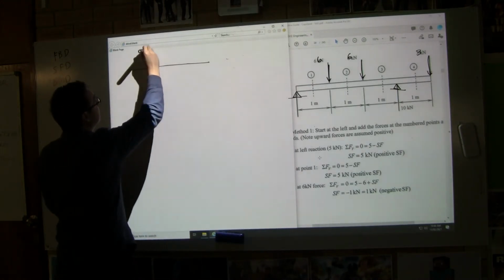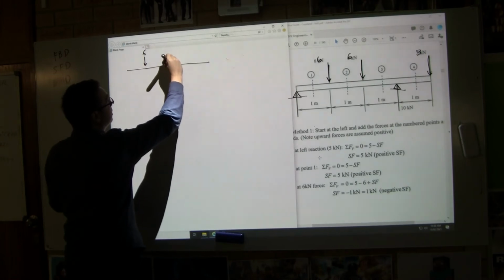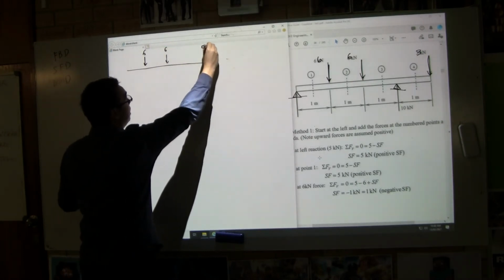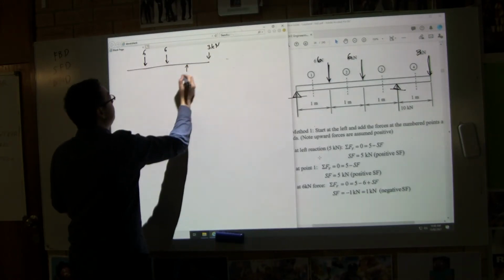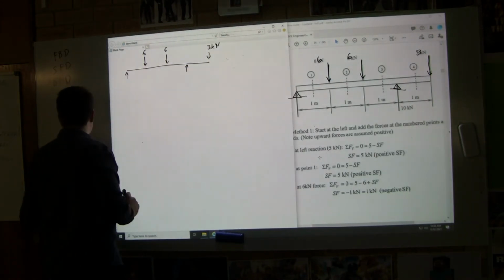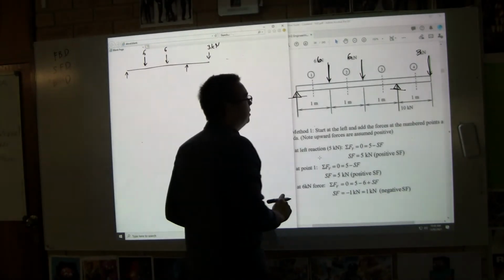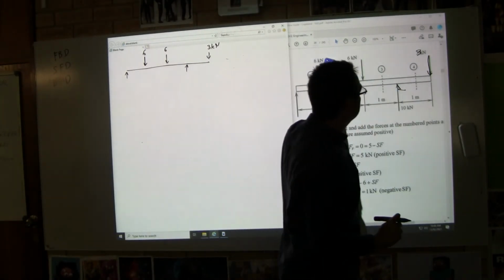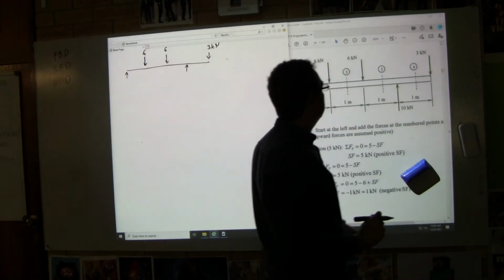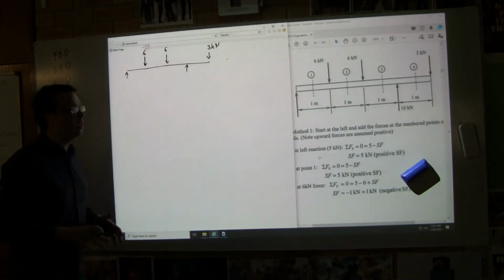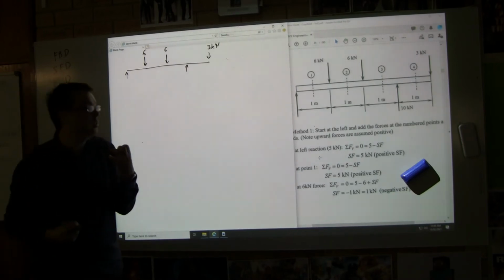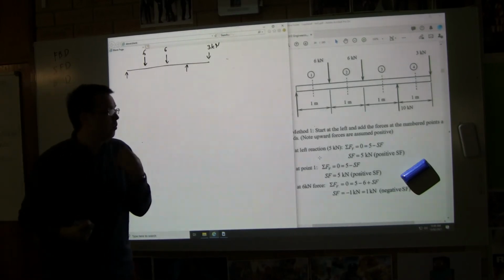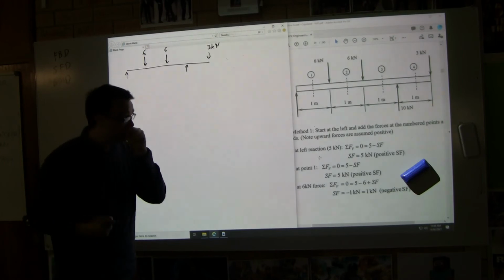We've got a 6, a 6, and a 3, all in kilonewtons, and we have a reaction, and we've been told the reaction looks like this. In this particular case, we could take moments about A and B and calculate those reactions. But that's not our focus today. If you need to find out more about reactions, a good homework for you is to calculate the reactions. But that's not our goal here.